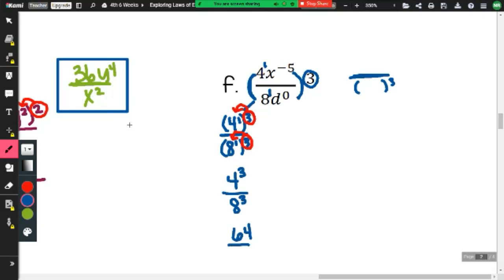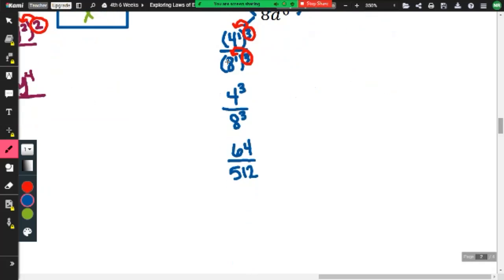What is 8 cubed? What do you do with every fraction? Simplify if possible. Will it change? To what? 1/8. Ooh, that's a big one. 1/8.